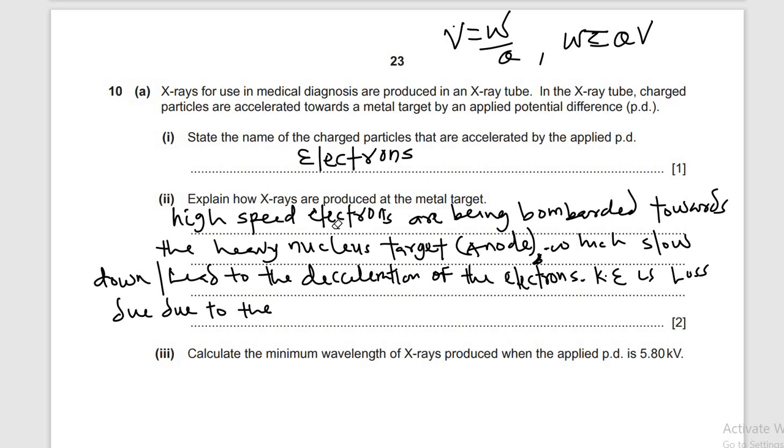Kinetic energy is lost or emitted in form of X-ray photon. This is how X-ray is produced. The loss in kinetic energy, where it's going to, is the one that converts to X-ray photon. That's it.